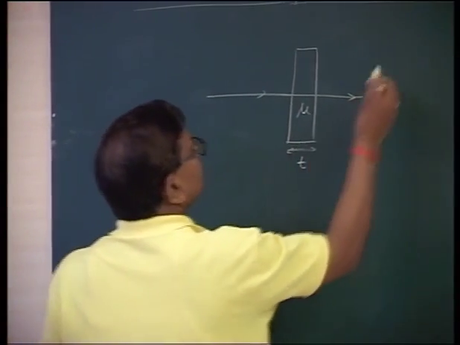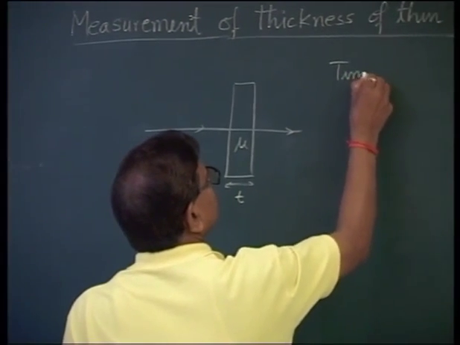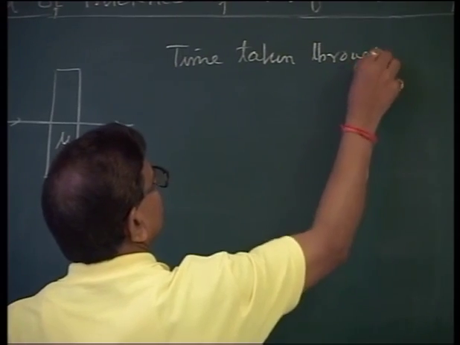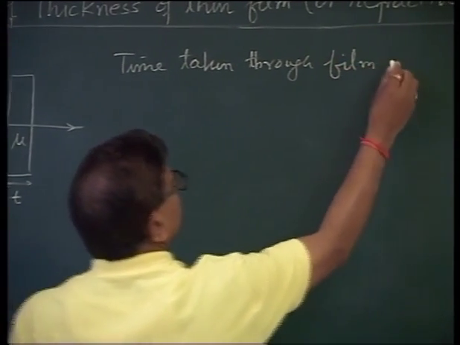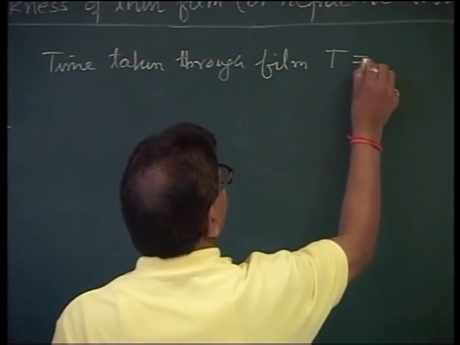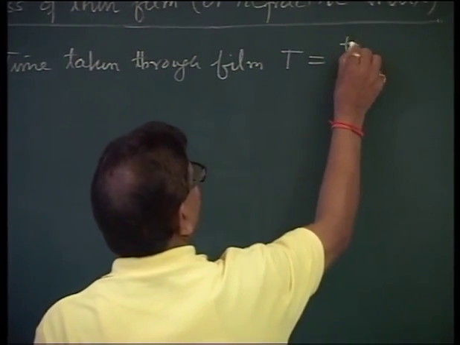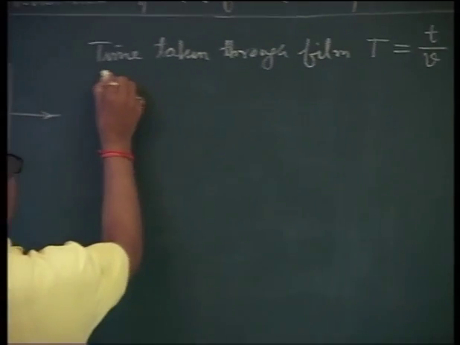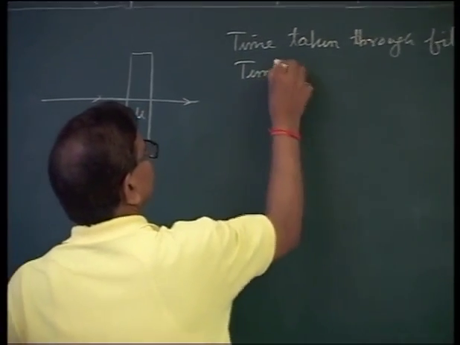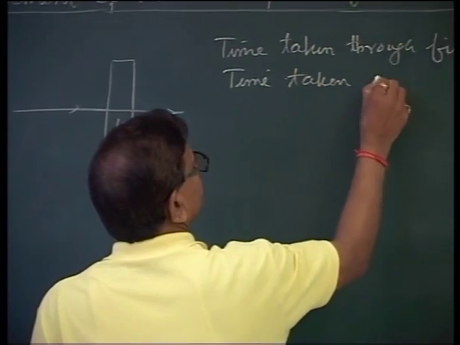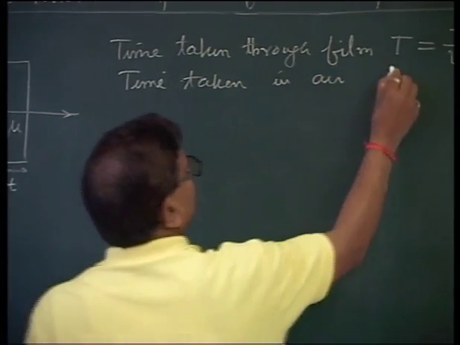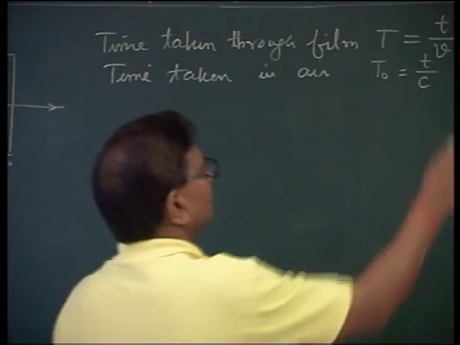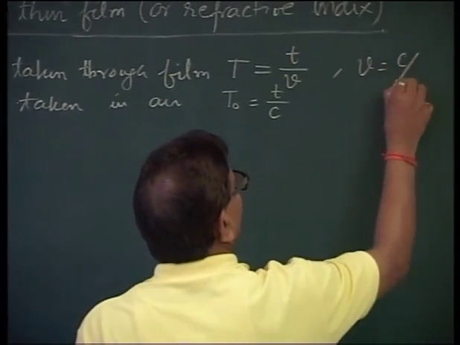Suppose the time taken through the film will be just T upon velocity in the film, and the time taken in air, T0, will be T upon C, where V is C upon mu.